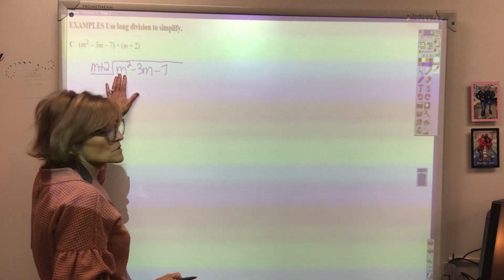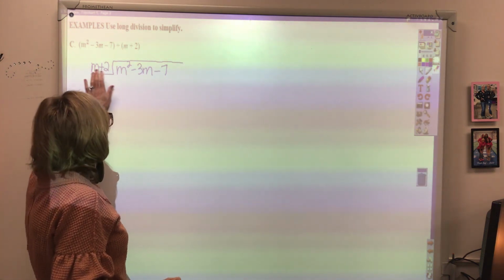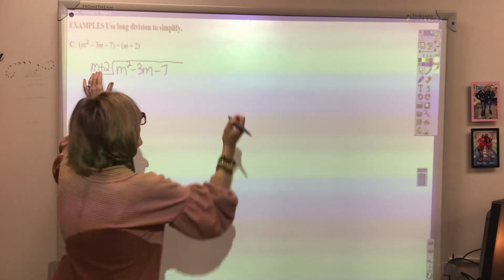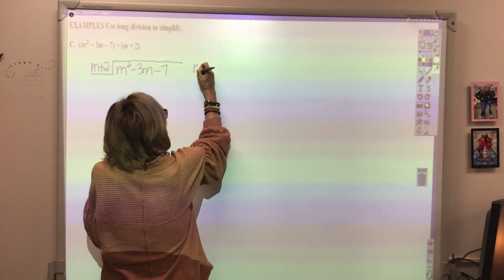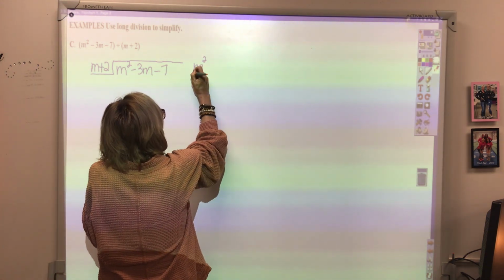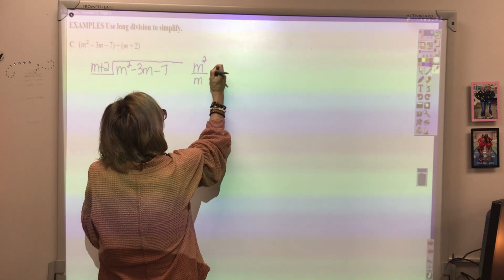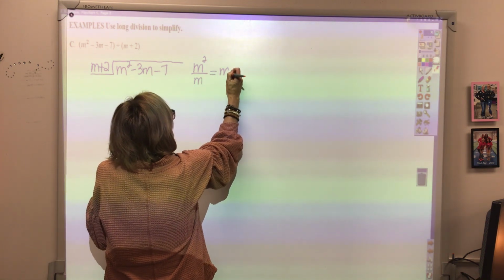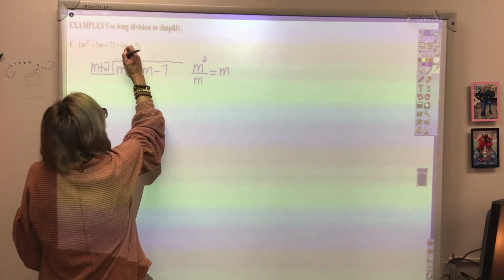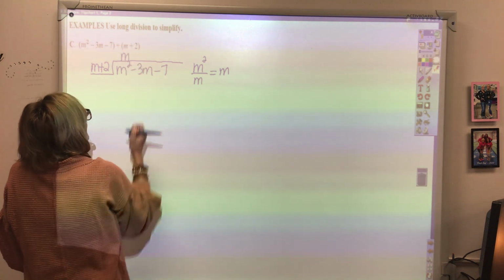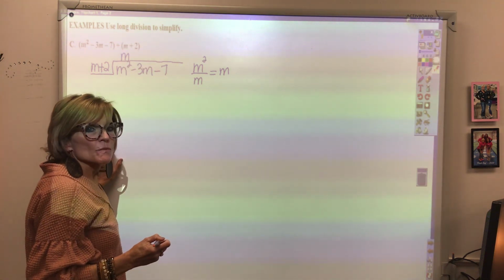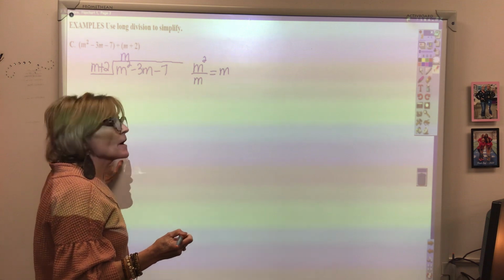So here's the steps you're going to take. You're going to take your first term, m squared, and divide it just by m. So m squared divided by m will equal m. So put m on the top. Now we're going to multiply it back through, but by the opposite.